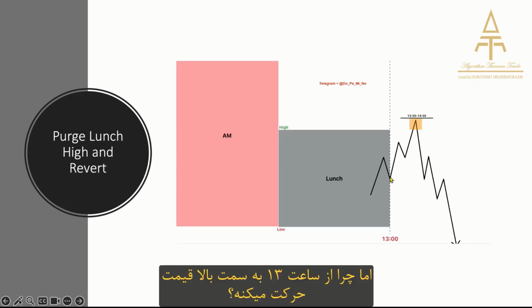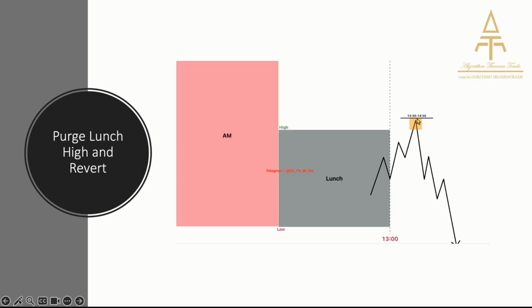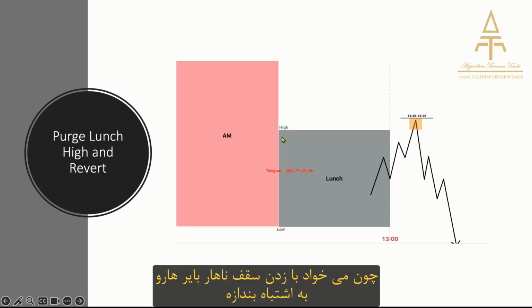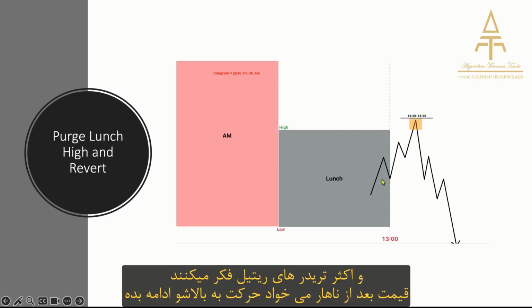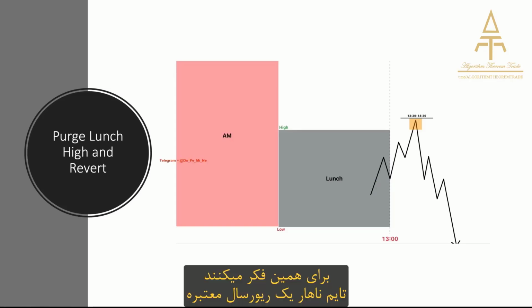Why does it trade higher from the 1 PM opening? Because this manipulation leg higher towards the lunch high induces buyers into the marketplace. Every retail-minded trader will look at that leg higher and think that lunch is going to continue higher after AM expanded lower. So lunch would set up a reversal in their minds.